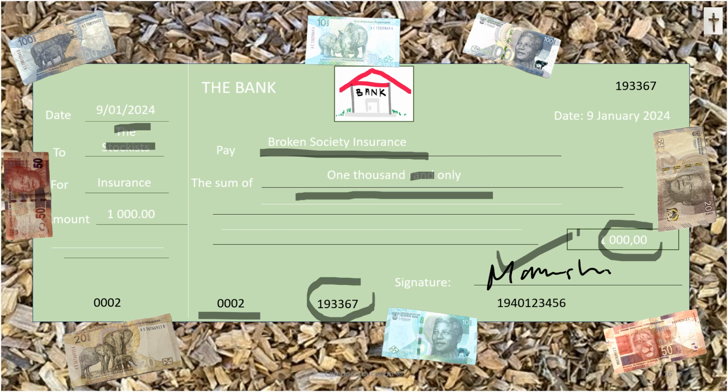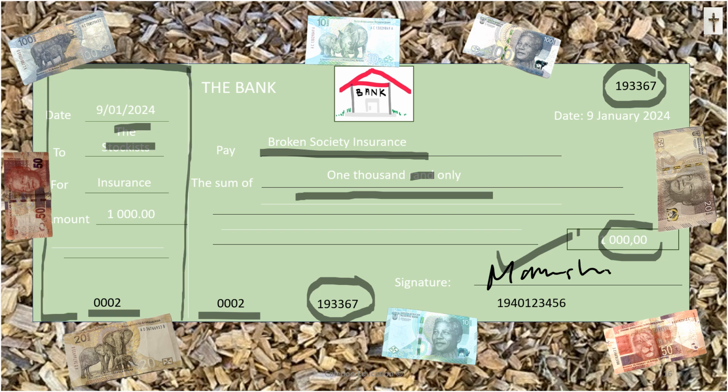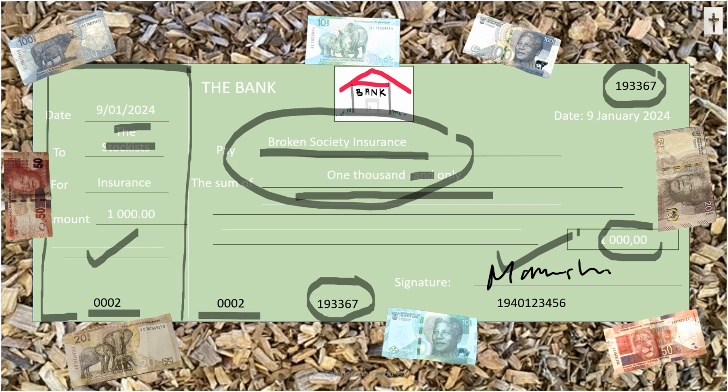That is the sort code or branch code of the bank. And there's the branch code again. Cheque number 2. Right, so this cheque is written out. The cheque is issued to the Broken Society Insurance Company, and what remains is the cheque counterfoil or cheque stub. This cheque stub is used to record the transaction.